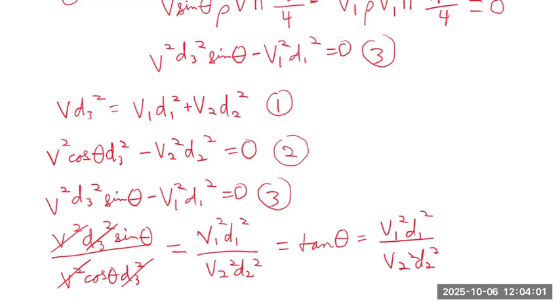And the jet speed can be found by combining equation 1 and 2.